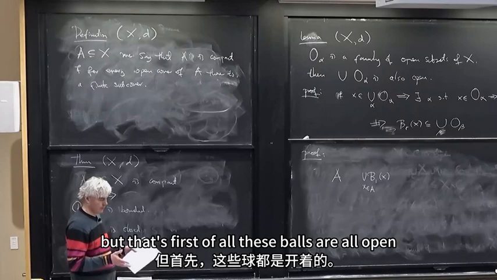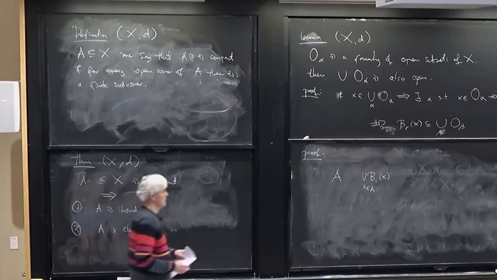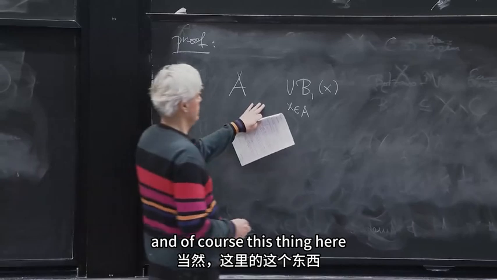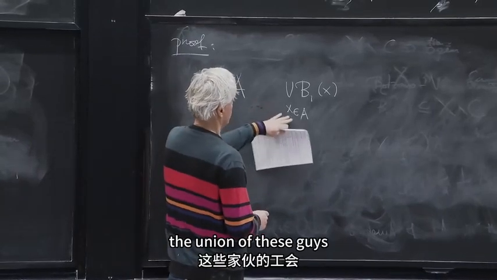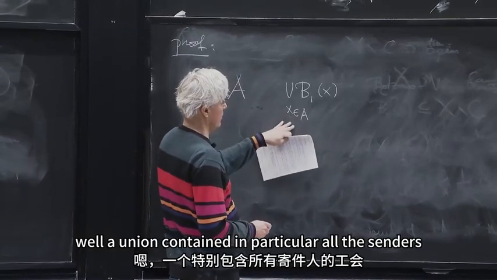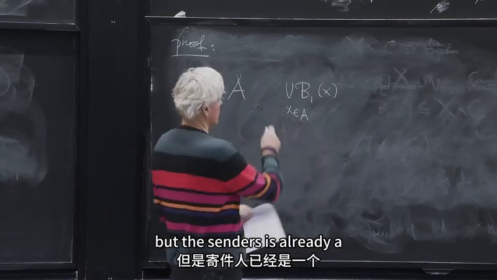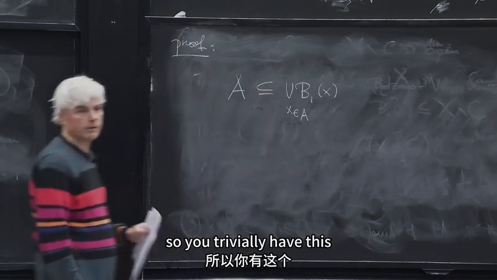First of all, these balls are all open. And the union of these contains in particular all the centers, but the centers is already A. So you trivially have a cover.